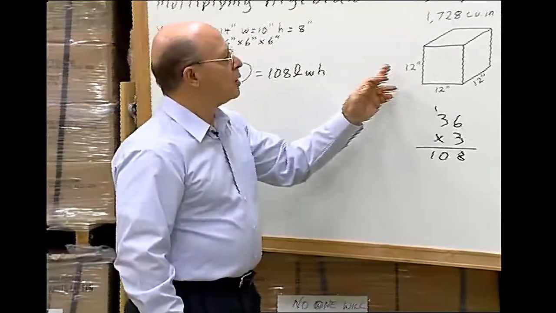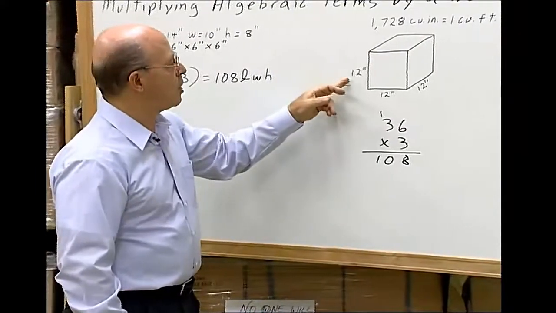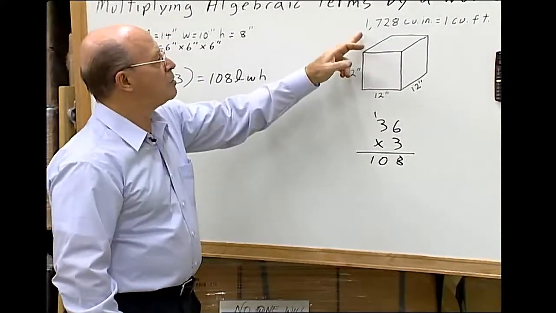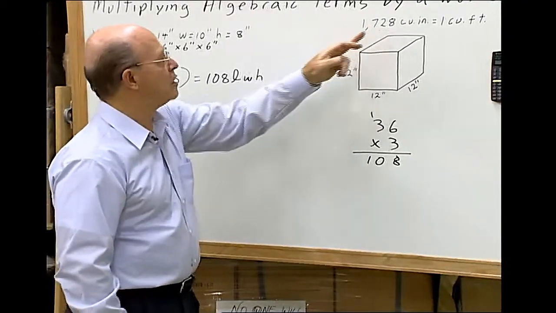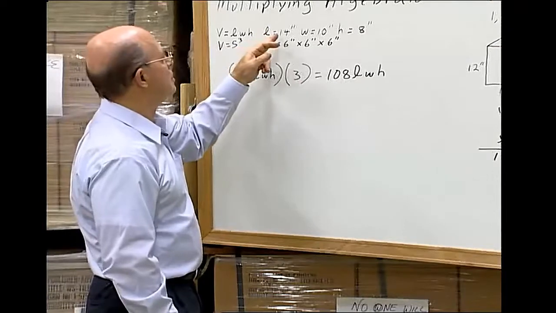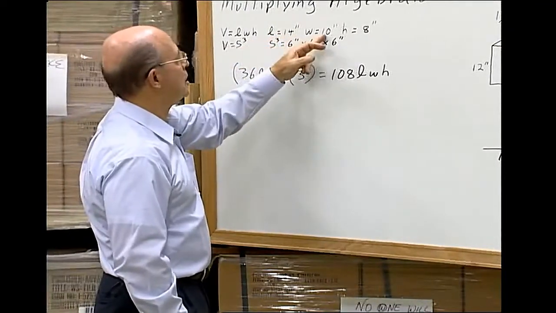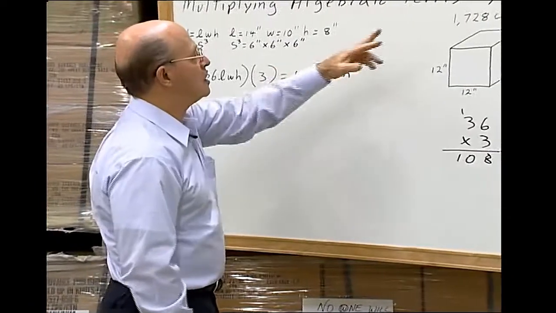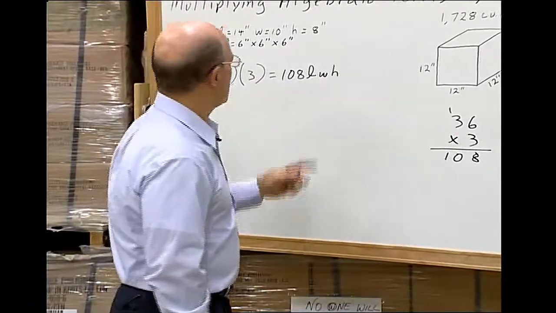Let's find out what the volume is in cubic feet. Remember, 1 cubic foot equals 12 inches times 12 inches times 12 inches, and it equals 1,728. The length, width, and height are in inches, so we have to convert the inches into cubic feet.